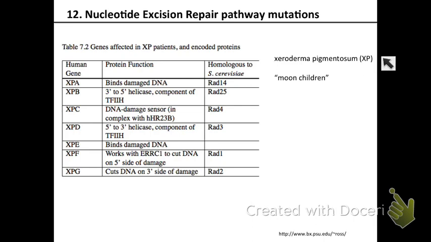These happen in people who cannot tolerate UV light. They cannot tolerate sun at all. So these children are also colloquially called the moon children. So they have mutations in some of these nucleotide excision repair genes that are important for functions during that nucleotide excision repair pathway.